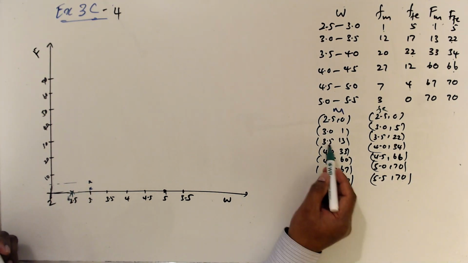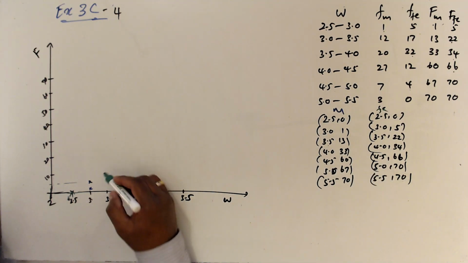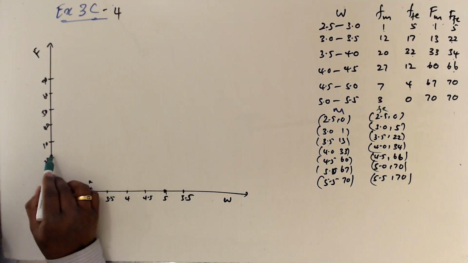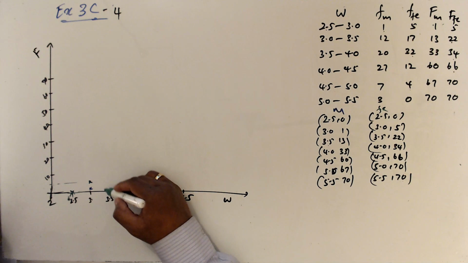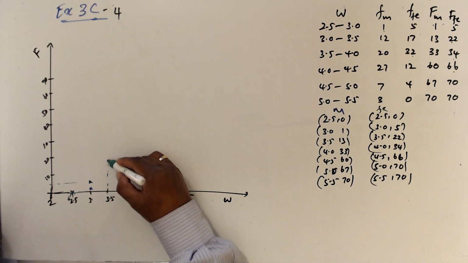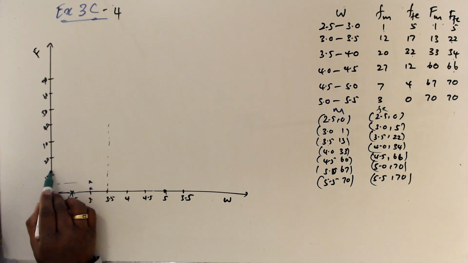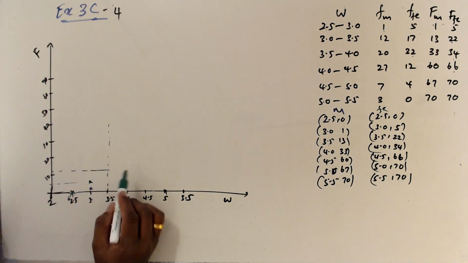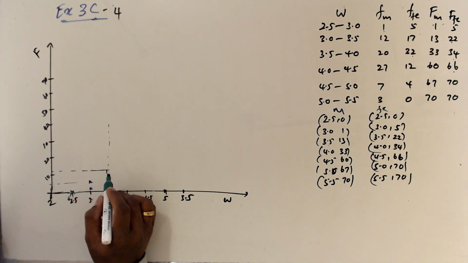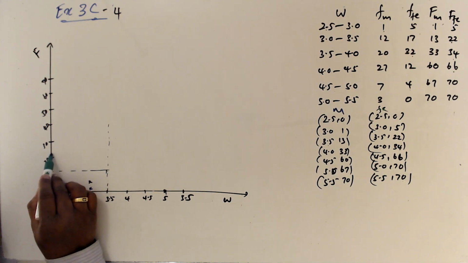And at 3.5, 13 and 22. So this is the 3.5 curve, 13 somewhere here, and 22.